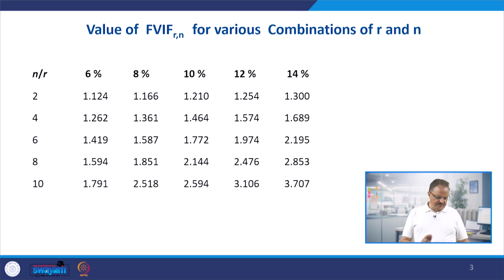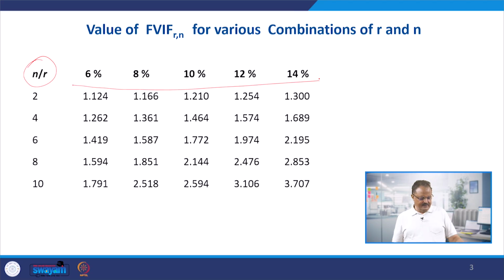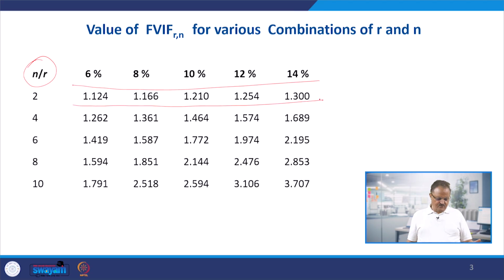In these tables, on one side you are given N, on the other side R. R is basically the discount rate, or maybe the cost of your capital discount rate, and N is the number of years, right. So some factors are available here. If you want to find out how much your 1000 would be at the rate of 6% after 2 years, you multiply that 1000 with the factor value 1.124, and you will find that your 1000 at 6% interest after 2 years will become 1124.